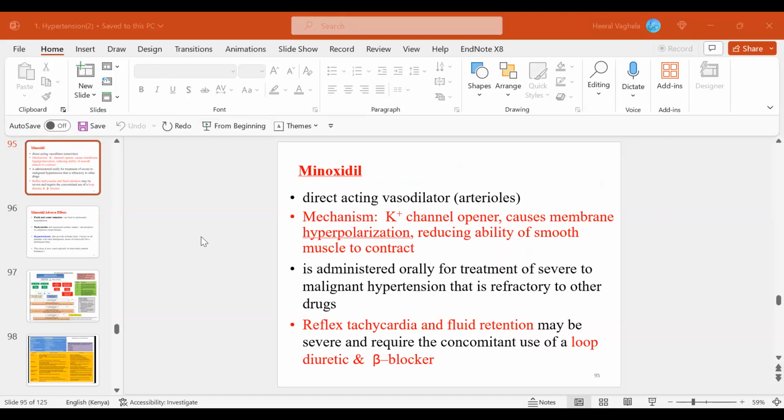It's when the BP goes extremely high, immediately, suddenly, acutely. Yes. Anything else?